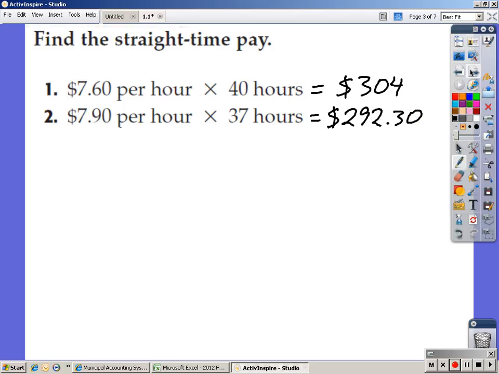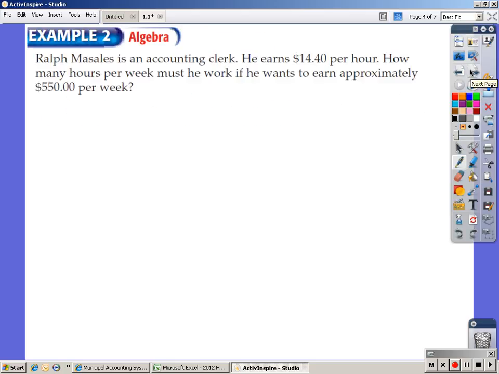Let's look at the next example. Ralph Masalis is an accounting clerk. He earns $14.40 per hour. How many hours per week must he work if he wants to earn approximately $550 per week? The formula that we know is straight time pay equals hourly rate times hours worked.